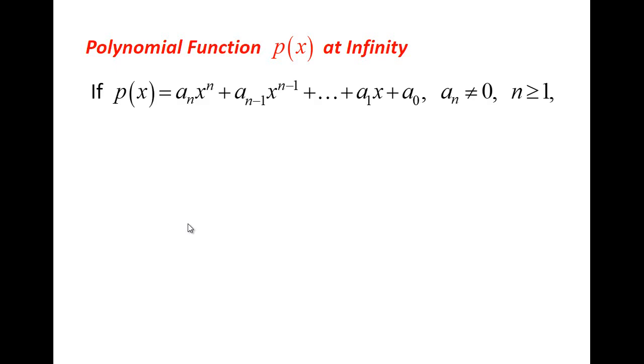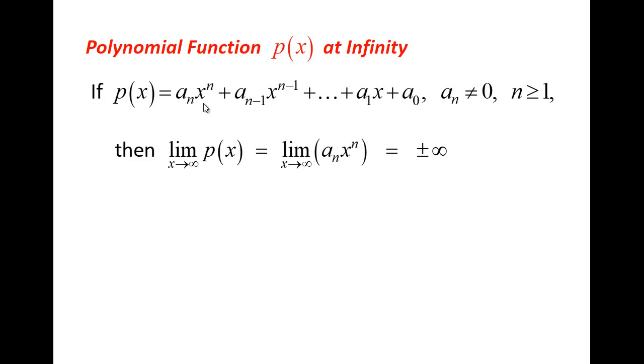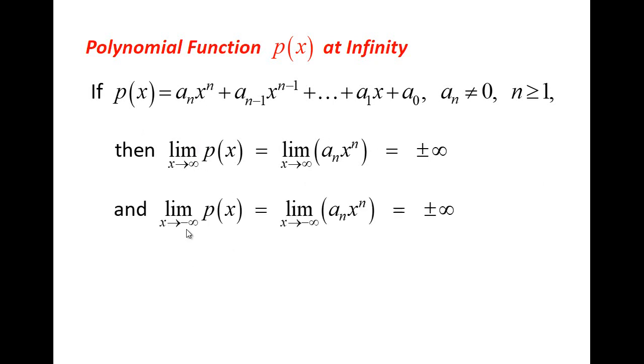If I have a polynomial function of degree n where the leading term is a_n x to the n, then it turns out that if I'm taking the limit of the polynomial at infinity or at negative infinity, the limit would be the same as the limit of the leading term, which could be either infinity or negative infinity.